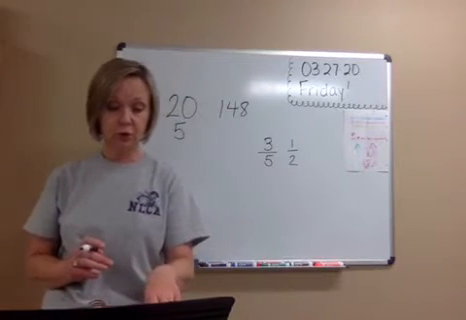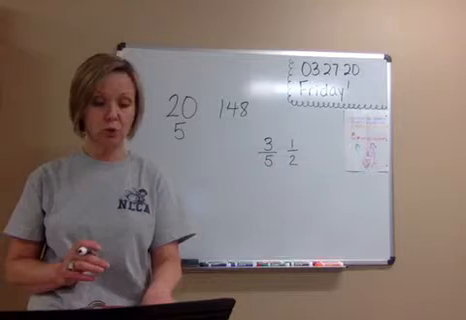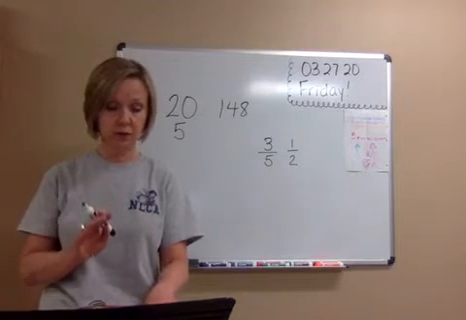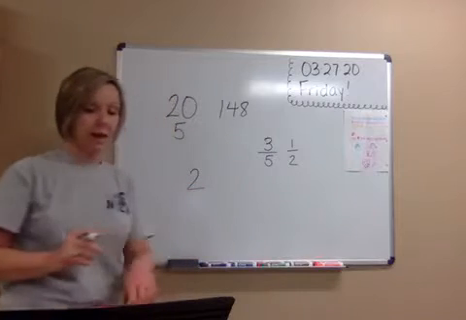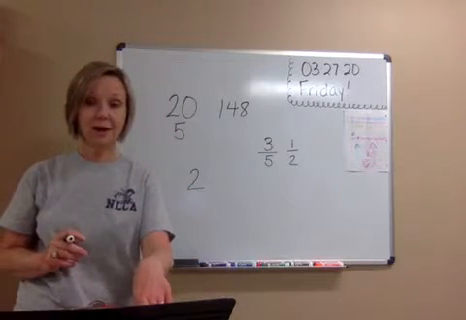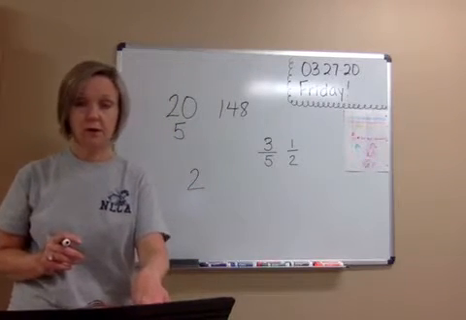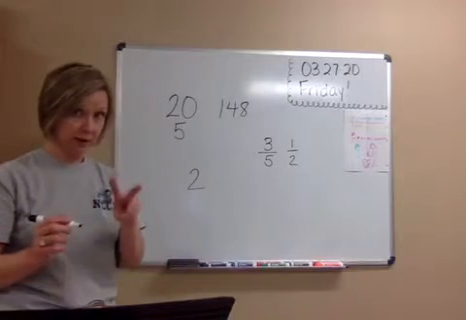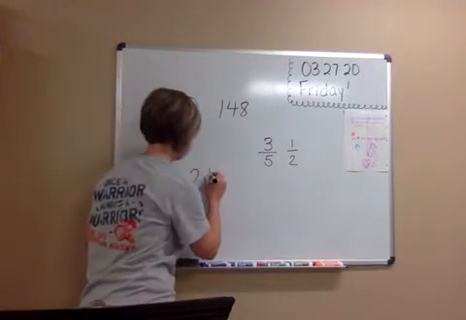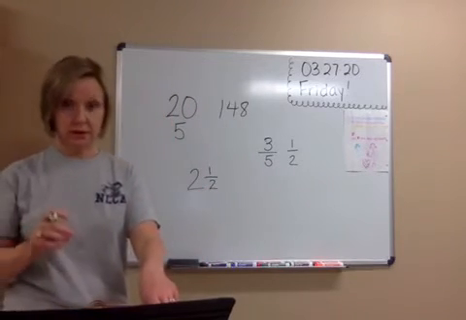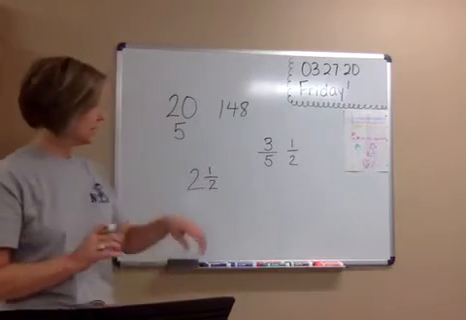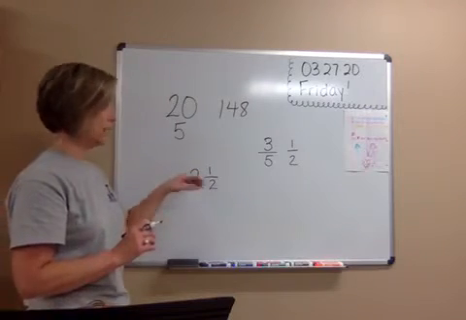If you look at your circles there, you have two circles completely filled in, so hence the number 2. And then you have the half. Half of that is shaded, right? 1 out of 2. That's how I get that fraction. So this mixed number is 2 and 1/2.